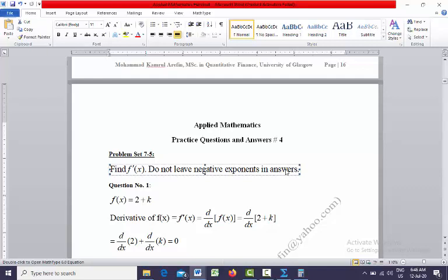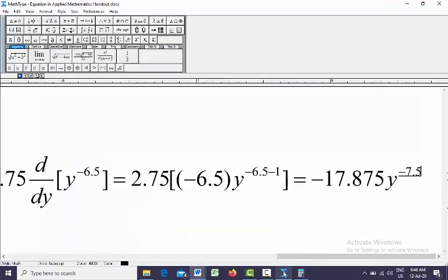That means after you solve the differentiation, you cannot leave negative exponent, that means negative power, in the answer. So we are not done yet. Here the power is negative.